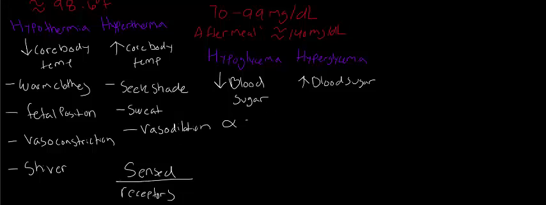In these alpha cells, they'll secrete glucagon. And the glucagon basically readjusts the decrease in blood sugar. And it does it by inhibiting beta cells from secreting insulin.